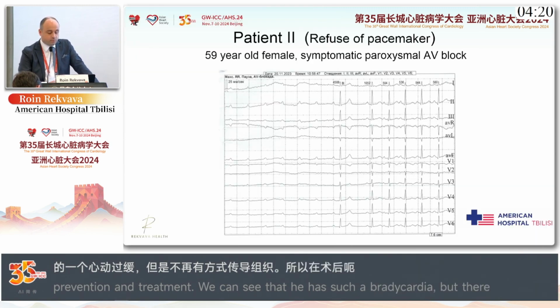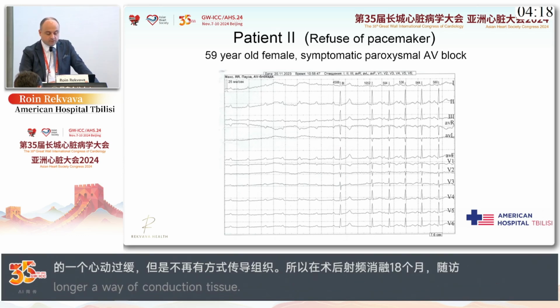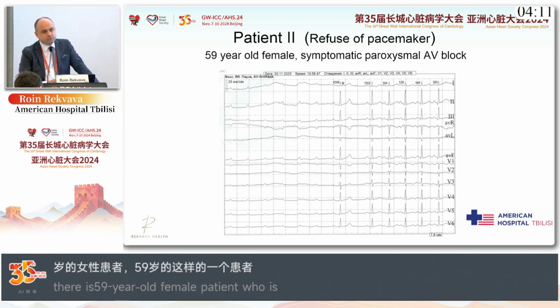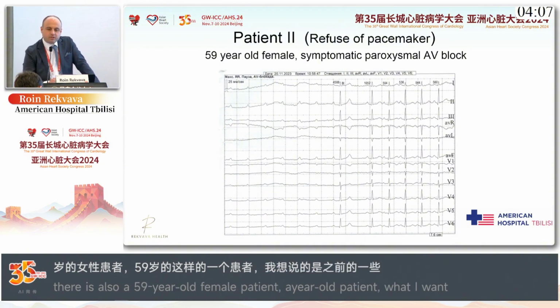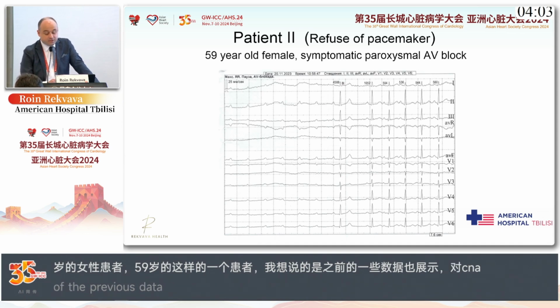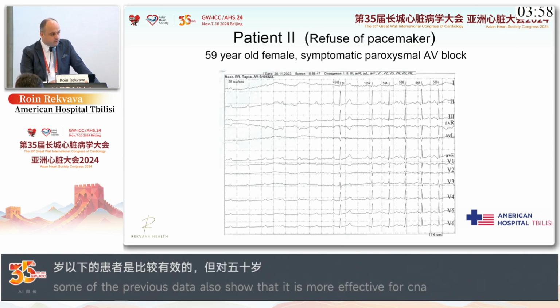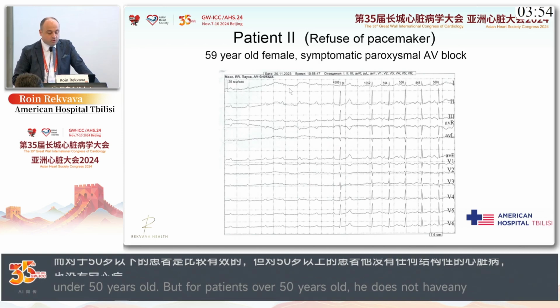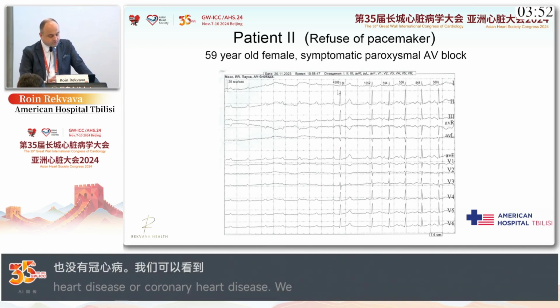Another lady was a surprise for me, a 59-year-old female, because all the data show that cardioneural ablation works better in persons less than 15 years old. But this lady had no structural heart disease and no coronary artery disease, and you see AV block of more than 5 or 6 seconds, paroxysmal AV block.